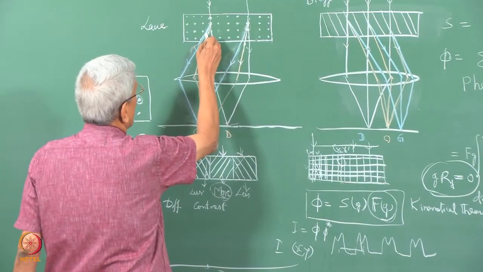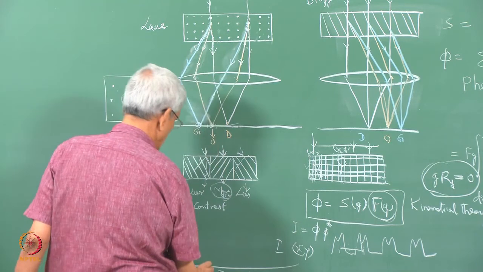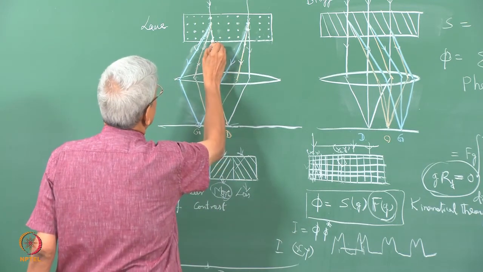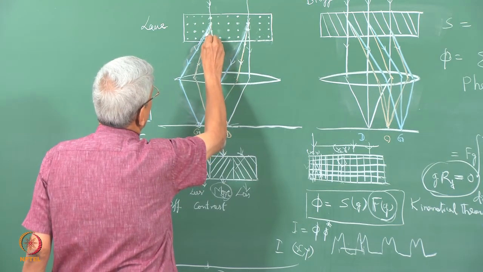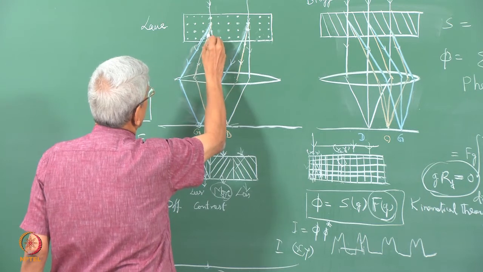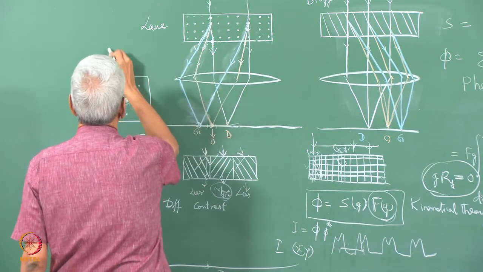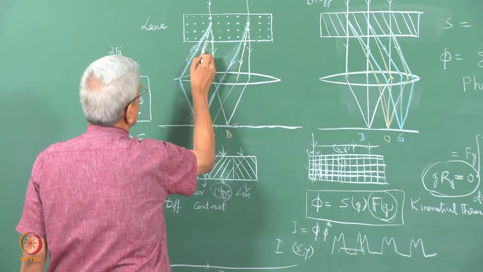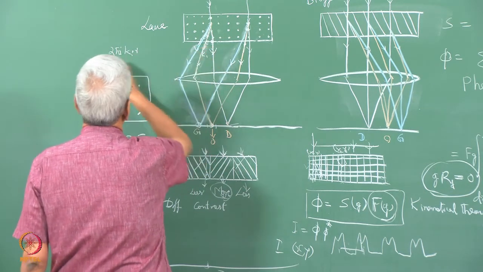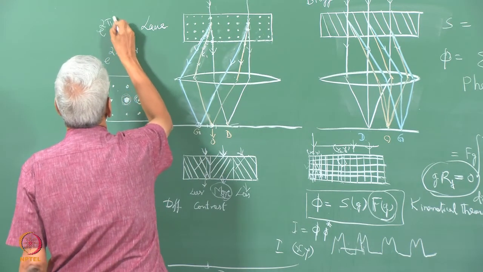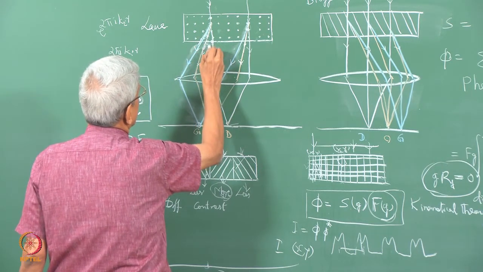What is going to be the component of this wave in this specific direction, because at this particular point, at the back of the sample, what is the contribution which is going to be there? Then we have to take a phase factor into consideration. This phase factor will be e to the power of 2 pi i k1 dot r if this direction is k1, and e to the power of 2 pi i k2 dot r if this direction is k2.